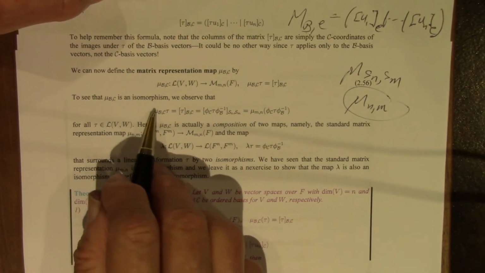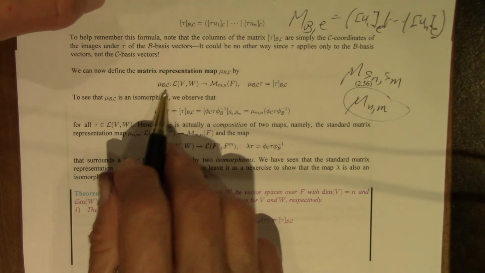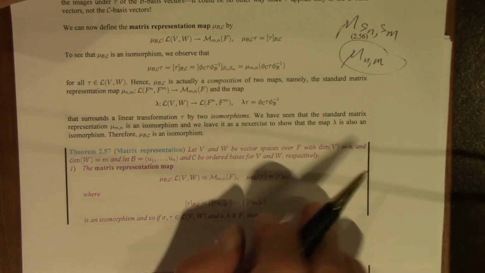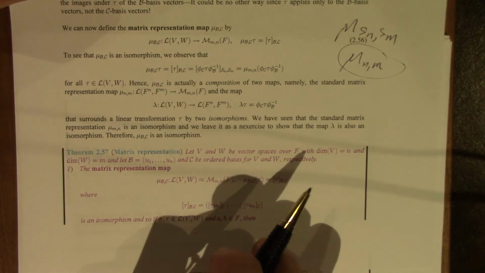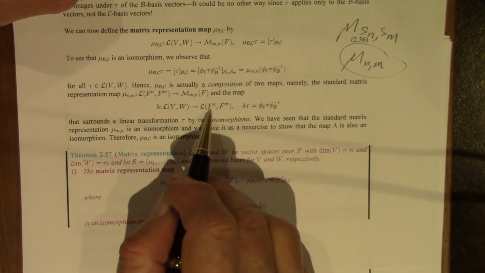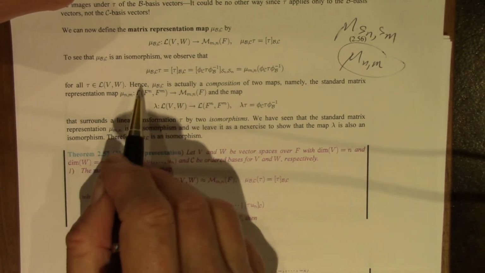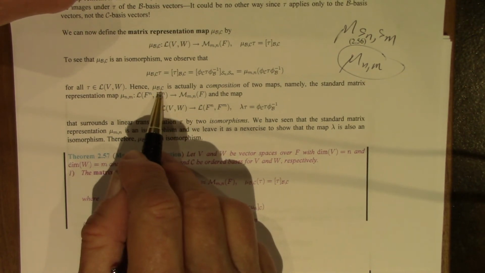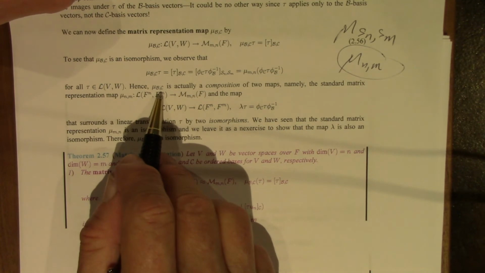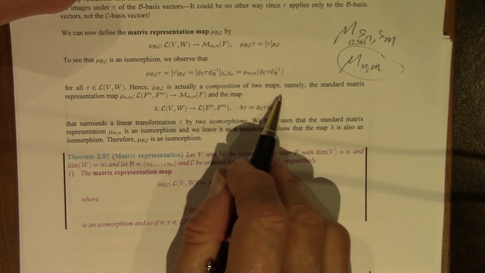Okay? So how to show that this is in fact an isomorphism? Well, there are various ways to do that, and I chose one here that is as compact as I could make it, just so you could see how one might do that. Mu sub BC, this matrix representation map, is actually a composition of two maps.